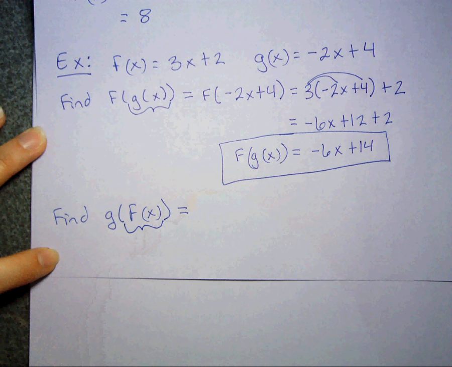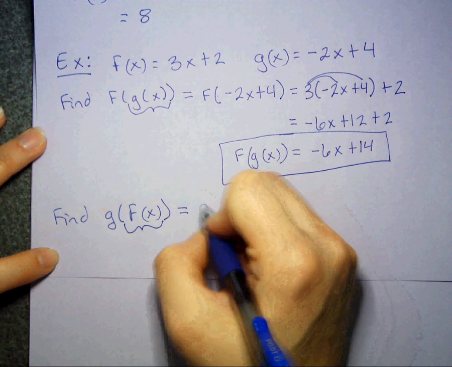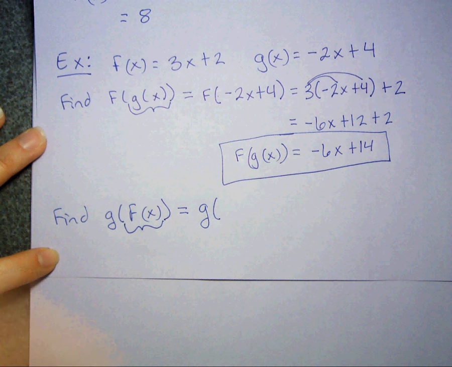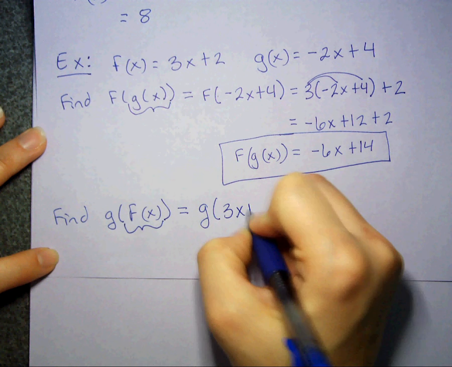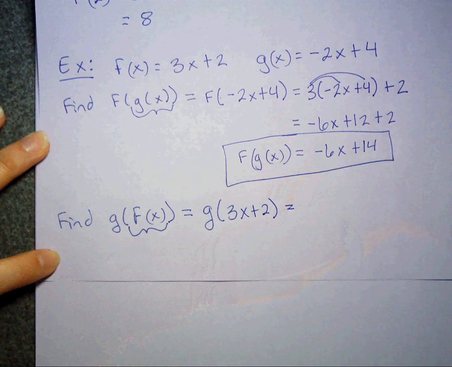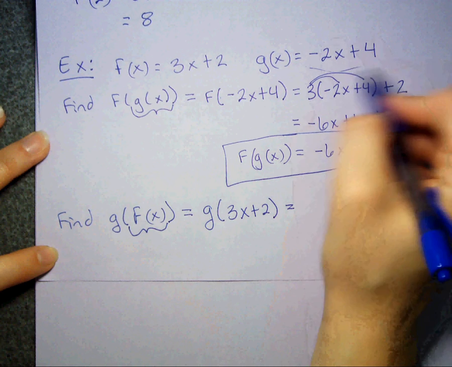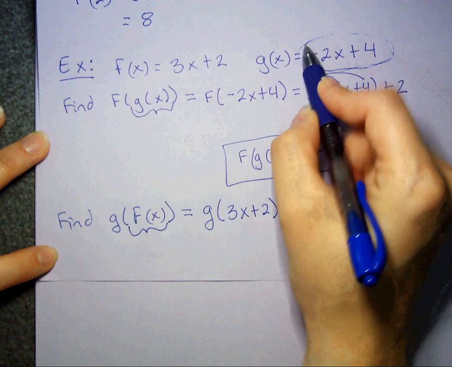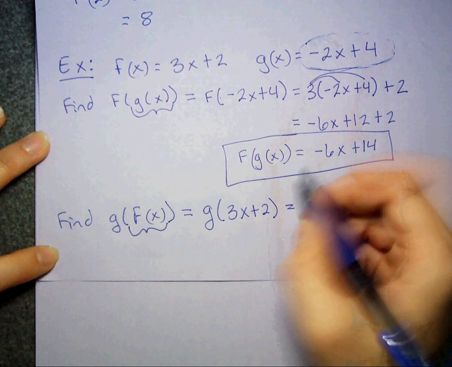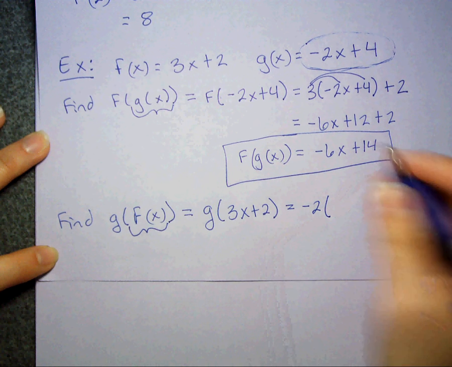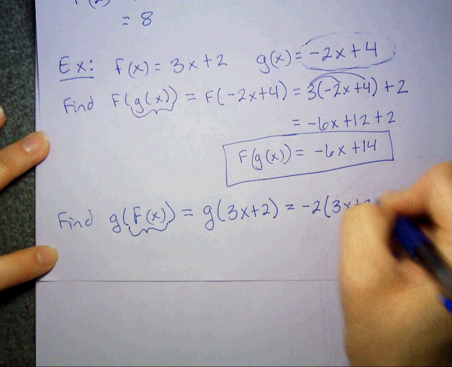So I want to take g, and what am I plugging into g for x? 3x plus 2. So the function should look exactly like g, except in x's spot, I'm going to have f. So I'm going to have negative 2 parentheses, and I'm going to stick f in there. So 3x plus 2. And then don't forget, finish off your equation, plus 4.